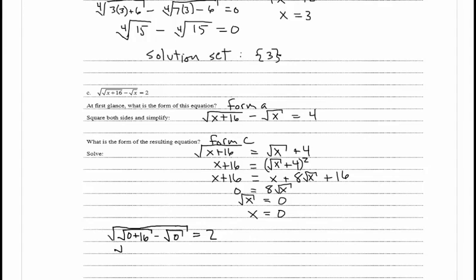So we have 4 minus the square root of 0 is equal to 2. 4 minus 0 is equal to 4, so we have the square root of 4 is equal to 2. And the square root of 4 does equal 2, so our solution set is 0.